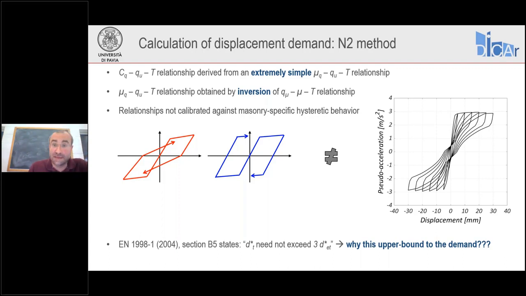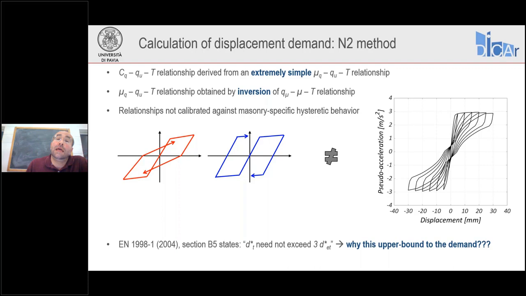Not only that, but this ductility-strength ratio-period relationship actually came from an inversion of the opposite relationship, the one starting from a given ductility to find the possible strength ratio for a given period. So all these operations related to the formulation and derivation of the method can affect its accuracy.